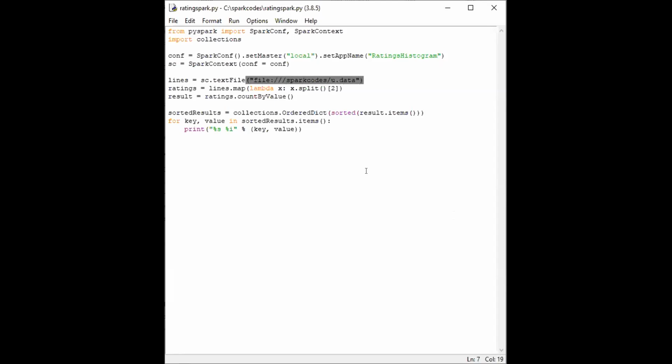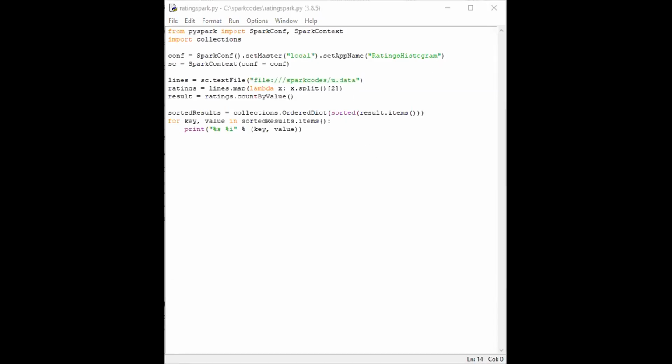The part that I highlighted has your u.data address. So again, you need to update two things. One, within the Python code, you need to update your address of u.data here.